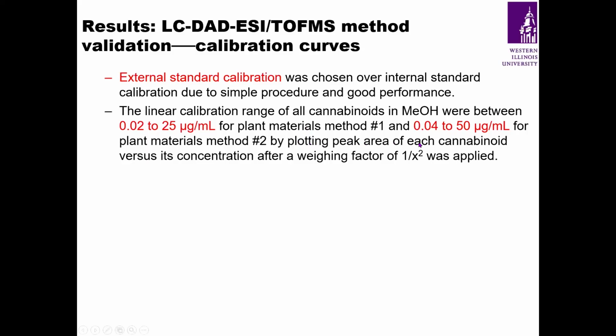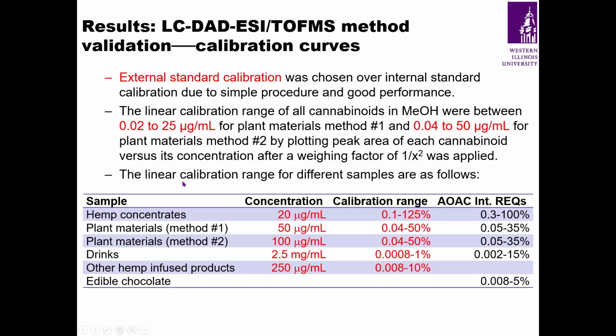Plotting peak area of each cannabinoid versus its concentration after a weighting factor of the reciprocal square of concentration was applied. The linear calibration range for different samples are as follows: sample type, concentration of the sample, and the calibration range converted to percentage.